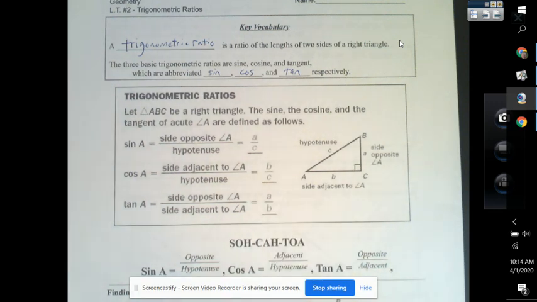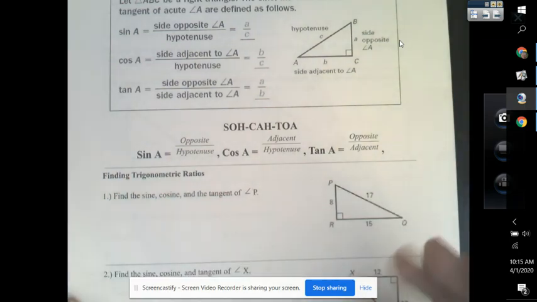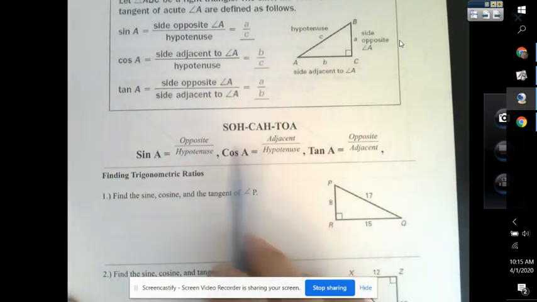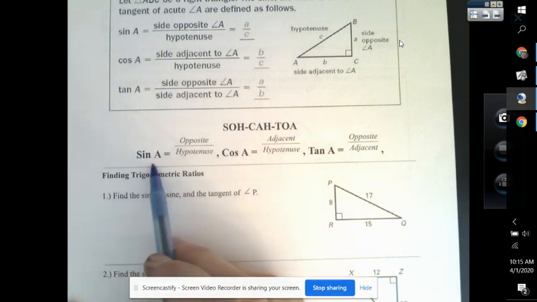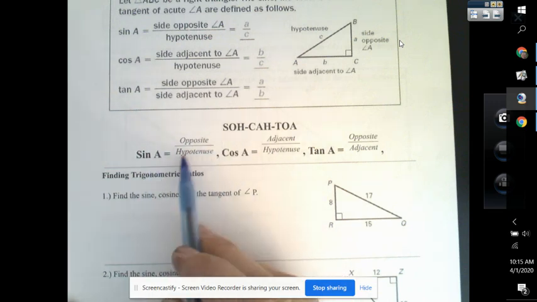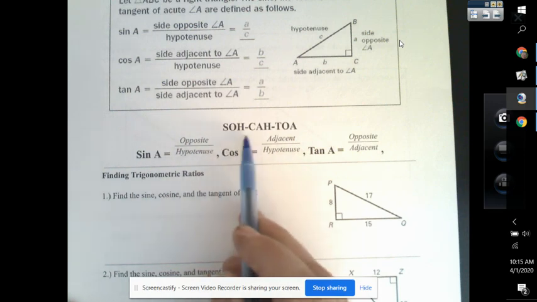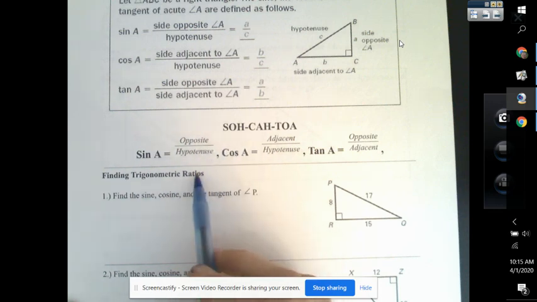So it's kind of hard to look at this and go, hey, how do I keep this in the back of my head? So here's one of the most applicable acronyms you're ever going to see in math. SOHCAHTOA. So sine of an angle, S, is equal to O over H, opposite over hypotenuse.